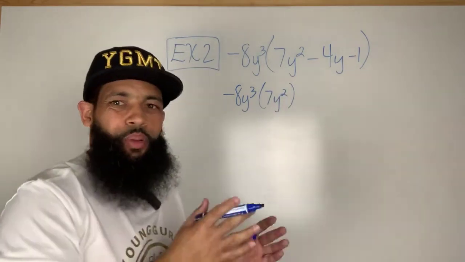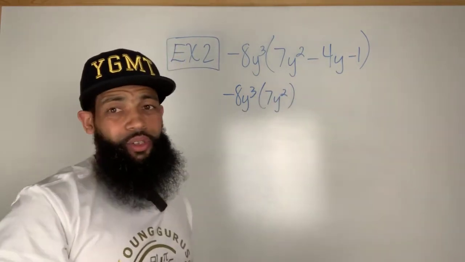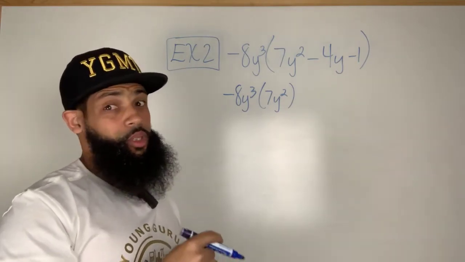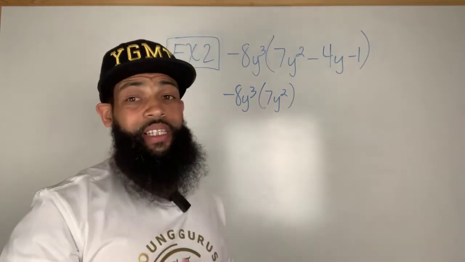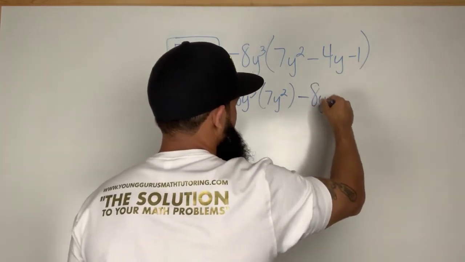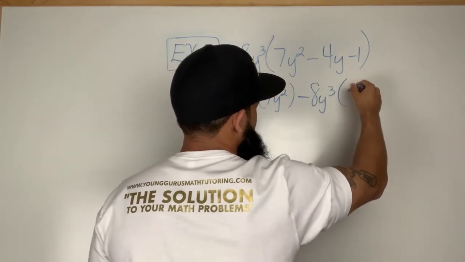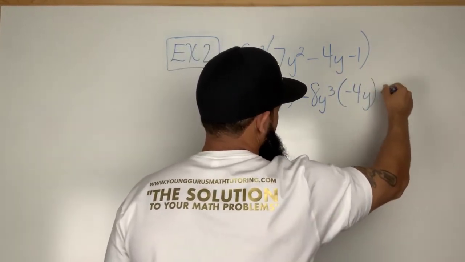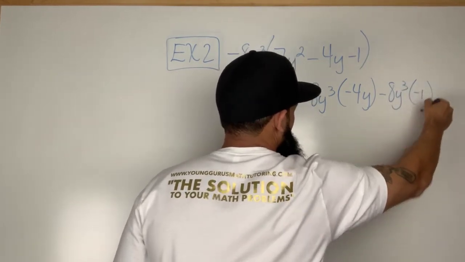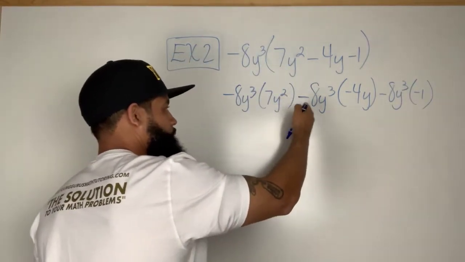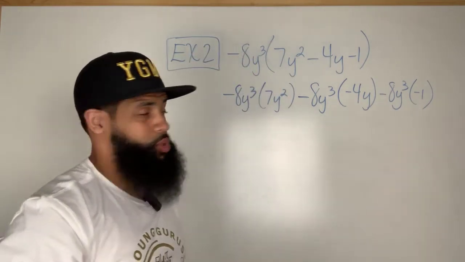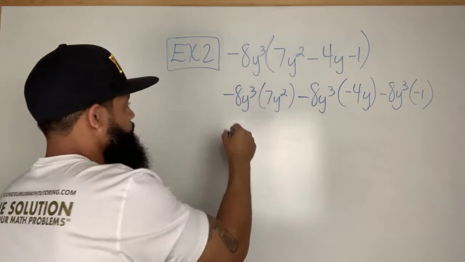You can say plus negative 8y cubed, that's up to you, because remember, subtraction is the same thing as adding the opposite of a number. I like simply just saying minus 8y cubed times negative 4y, and then minus 8y cubed times negative 1. I can always put plus negative 8y cubed in both of those spots. That is totally up to you.